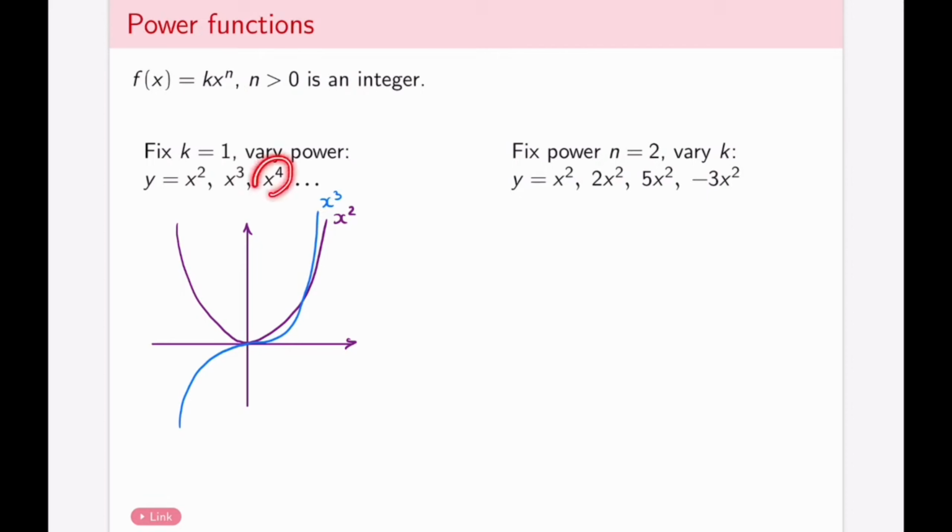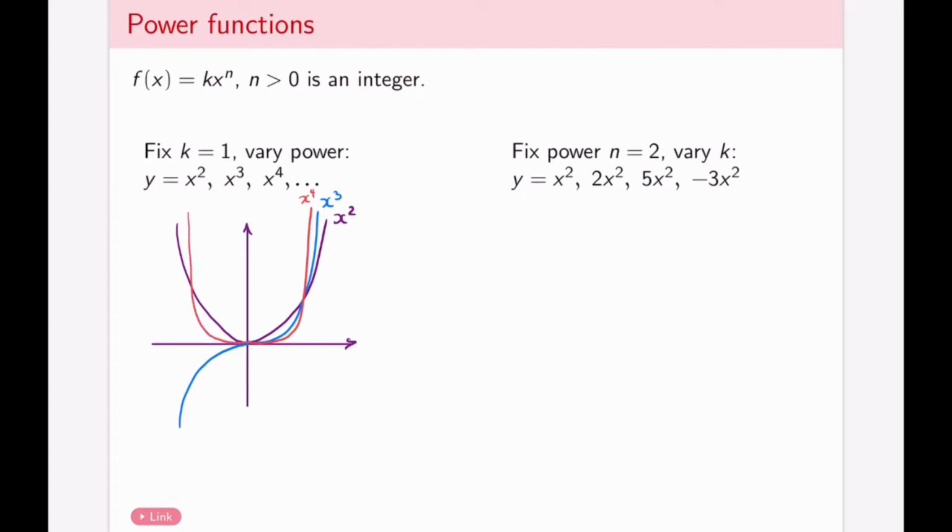And then for x to the fourth, the same pattern will hold, but you gotta keep in mind that x to the fourth, the even power, will once again keep a parabola-like shape. So what I'm going to have is a function that should look like a parabola, but keeping in mind that near the origin, it's going to be flatter still, and then it's going to surpass both of these functions in order to start growing even faster, okay?